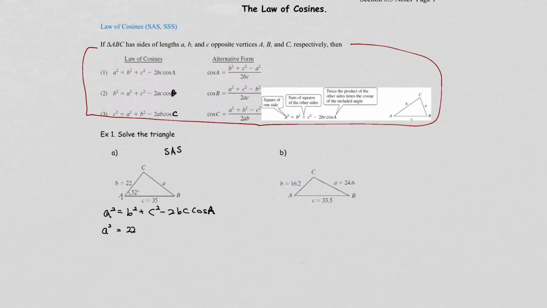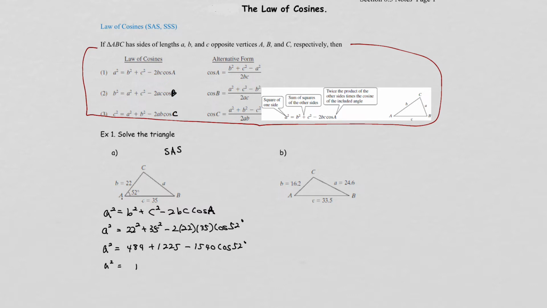B is 22. C is 35. The angle is 52 degrees. So a squared is 484 plus 1,225 minus 1,540 cosine 52 degrees.